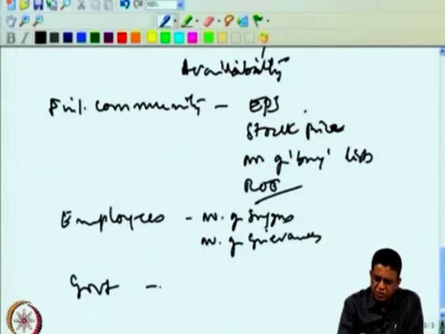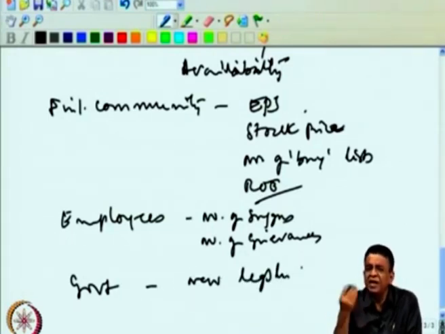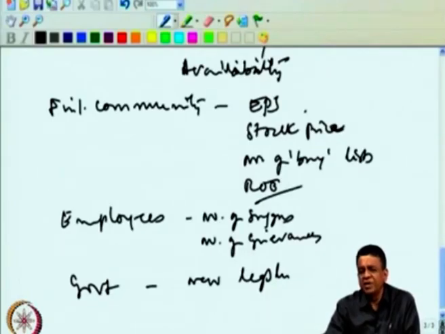So, you are concerned with the new legislations which the government might enact. How does it affect the performance of the company? This is your first thing.